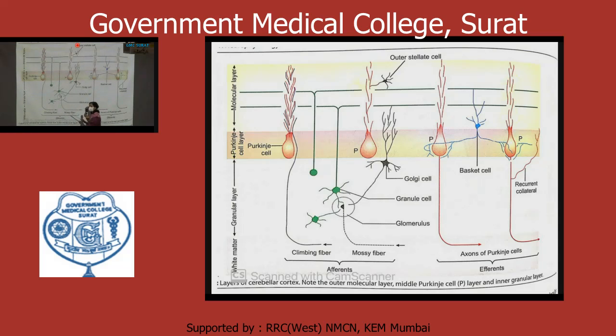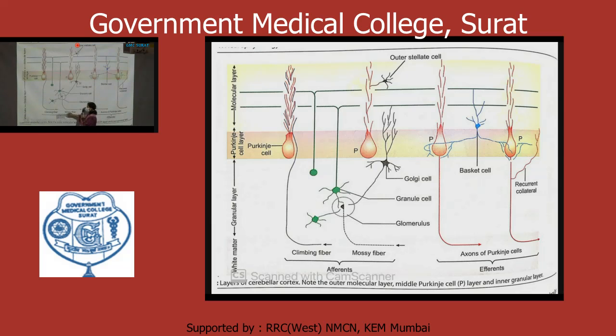In the mossy fibers, simple spikes are generated, whereas in the climbing fibers, complex spikes are generated. These are long duration, prolonged action potentials, also known as complex spikes.